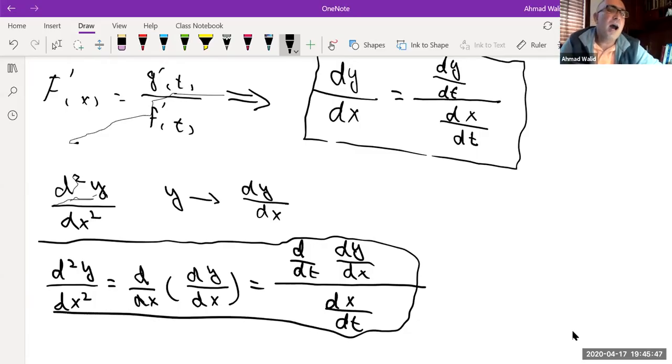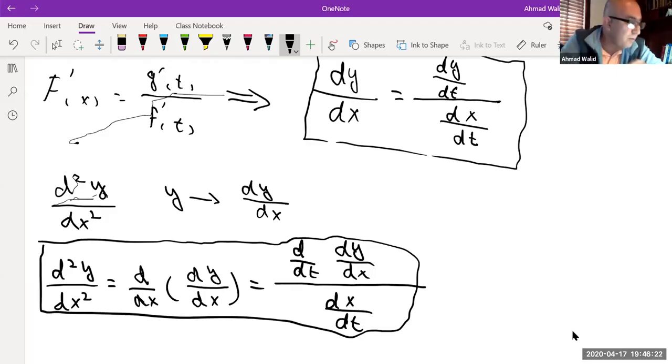Now, I will do one example of your book that has 4 parts in it, one by one, and you will see how I'm using these two formulas even to sketch a curve, find the tangent line to the curve, different tangent lines to the curve, and also talk about whether the curve is concave up or concave down, what you learned in calculus 1, and after that even sketch the graph.